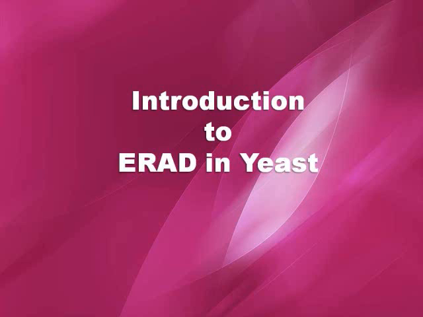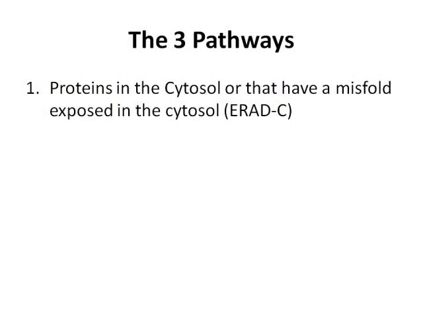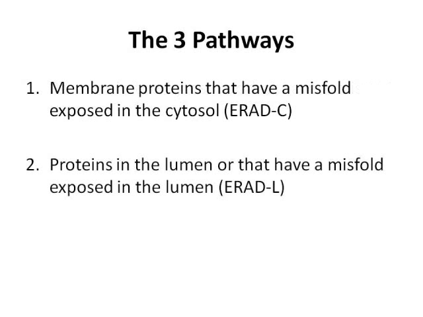As you know from our introduction page, ERAD is an essential process for getting rid of aberrant proteins that would otherwise accumulate within the endoplasmic reticulum. In yeast, there are 3 separate ERAD pathways to handle proteins from different locations within the cell. First, there are proteins that are located within the ER membrane and have an exposed cytosolic domain where the misfold has occurred. These proteins follow the ERAD-C pathway.